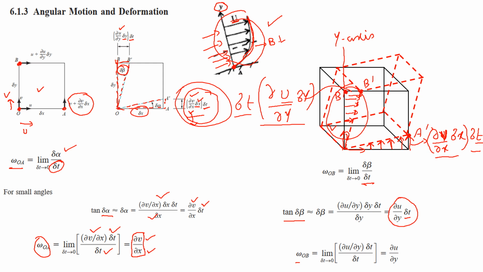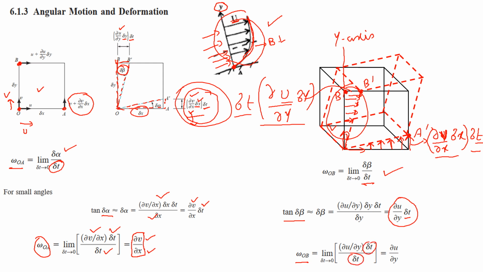So putting the delta beta in this term, what we will have is partial u over partial y and delta t over delta t.